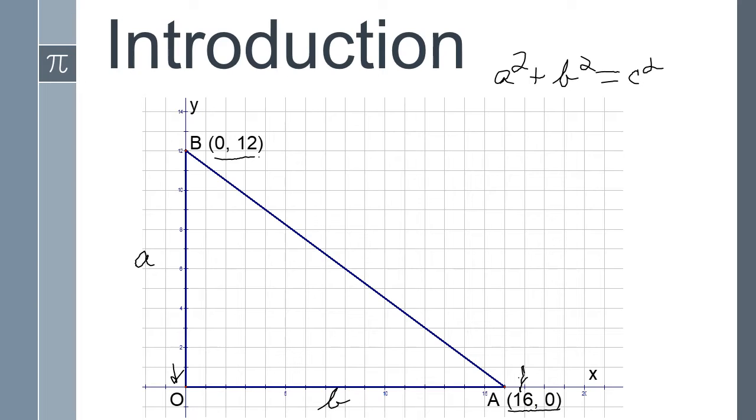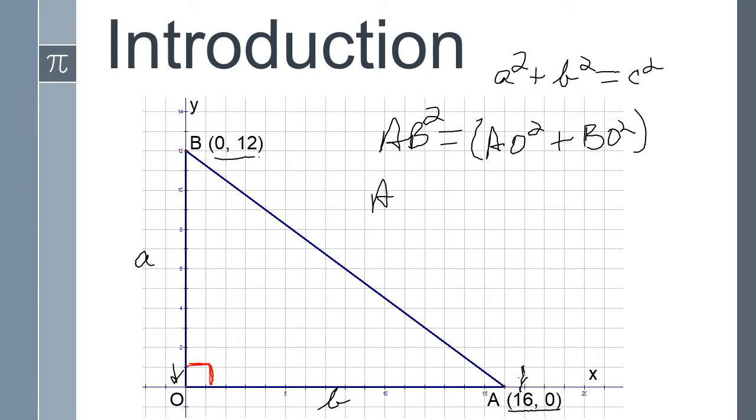This works really well when you have a corner sitting on the origin, right? Our right angle is sitting on the origin. But it doesn't work so well if we move off of that. So we use that formula. Basically, what we can derive is that the length of AB squared would equal the length of AO squared plus BO squared.